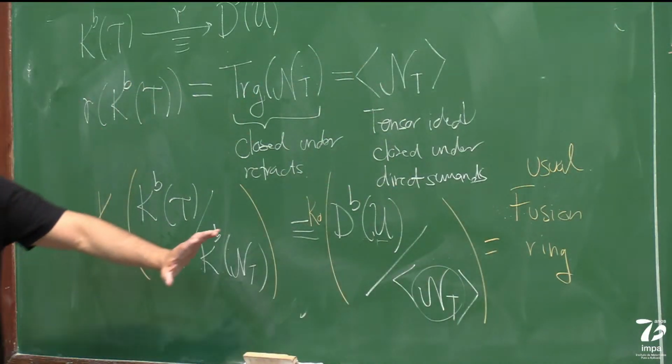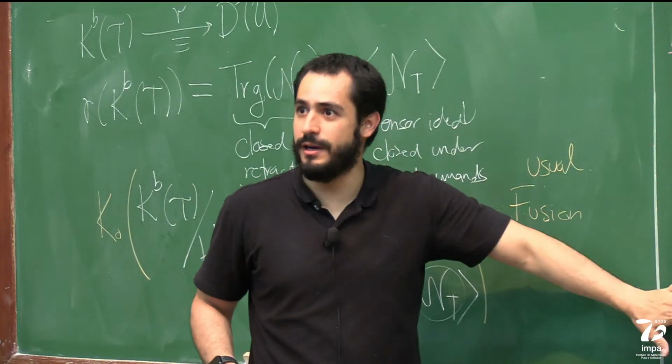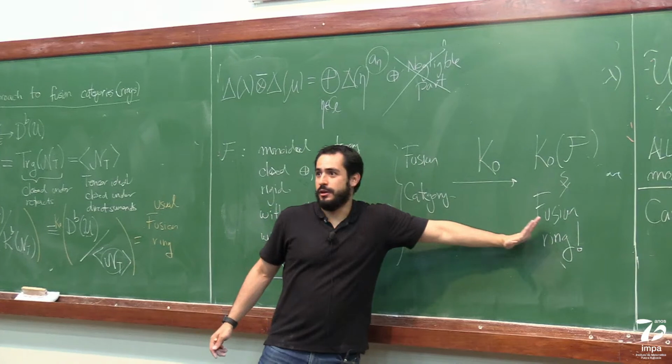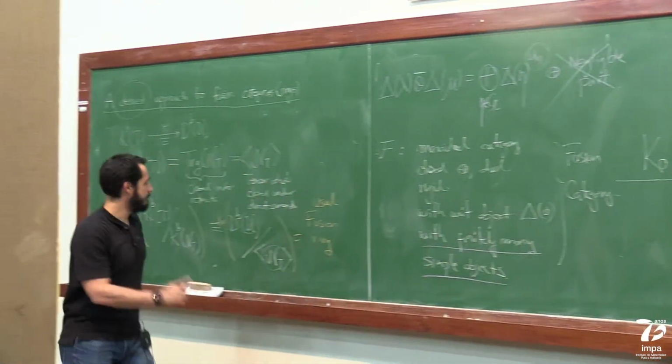So in some sense, I cannot produce the fusion category, but I can produce its structural constants. I can produce the ring, and with the ring, try to reproduce what is happening.